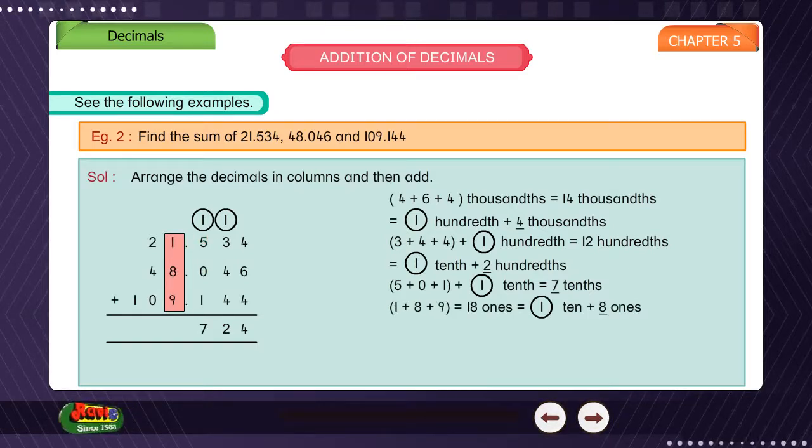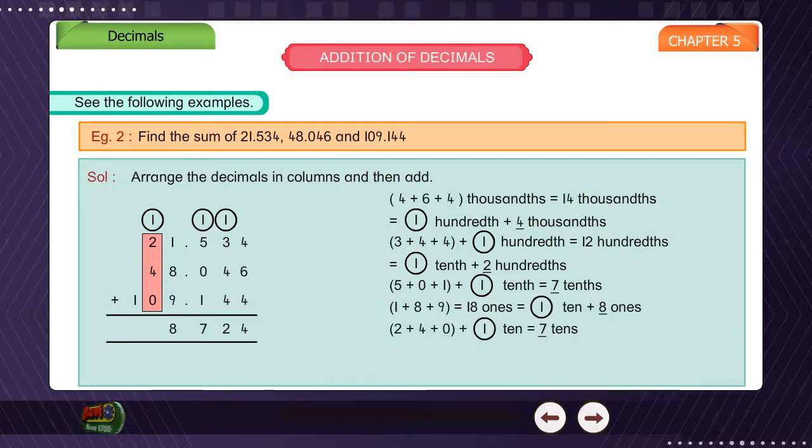1 plus 8 plus 9 is equal to 18 ones is equal to 10 plus 8 ones. 2 plus 4 plus 0 plus 10 is equal to 16 tens.